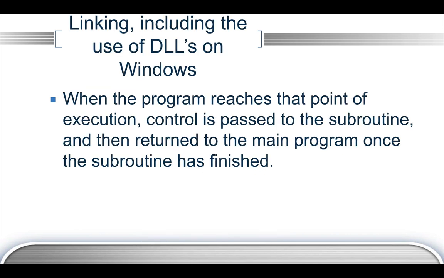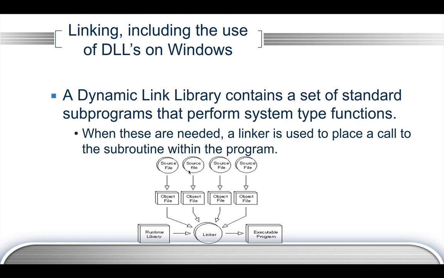Okay. When I go to execute the program, rather than going, so here's my source code, it gets turned into an object, rather than constantly compiling every single thing in my source code to get executed, what the CPU does is go back and look for these common tasks and just pull them from the DLL file.